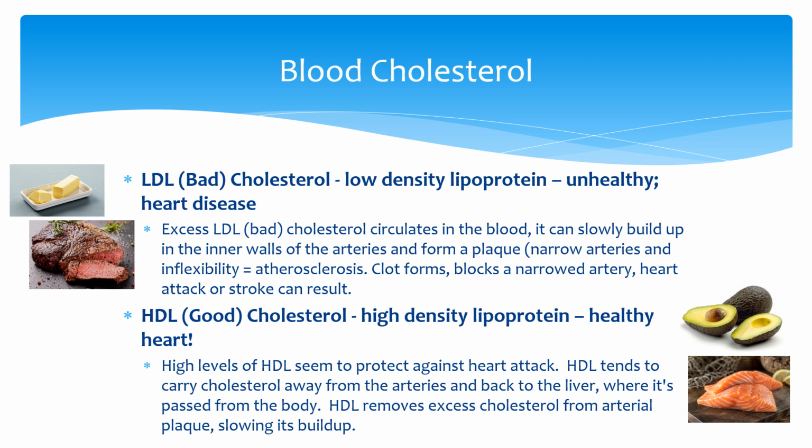The way to combat bad cholesterol is through HDL, or good cholesterol. This is high density lipoprotein. This is very heart healthy foods. Good examples include avocado, chicken, salmon, many various types of nuts like walnuts. Red wine is also considered an HDL.